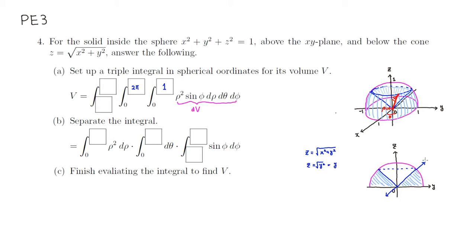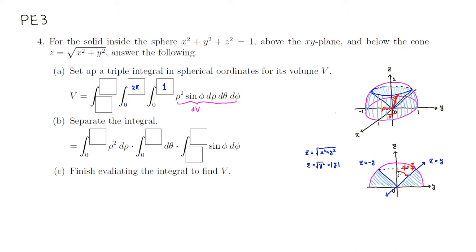Actually, this is the absolute value of y. So one equation is z equals y, and the other is z equals negative y. I'm going to look at z equals y. The slope is 1, so this is 45 degrees, and the angle phi right here is pi over 4.